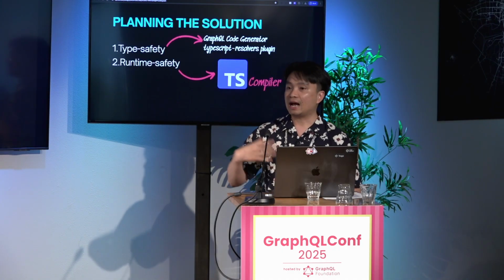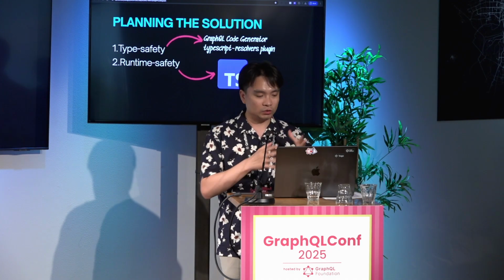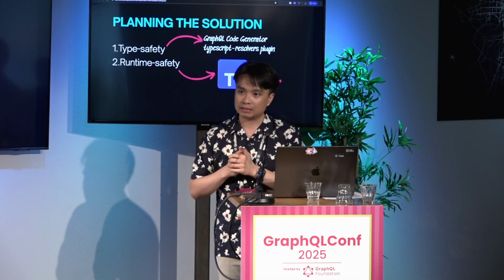And for a really long time, the answer was right in front of me. I could feel it, but the answer is right behind me right now, and that's TypeScript. More specifically, it's the TypeScript compiler. This is the missing piece we need in our solution to achieve runtime safety. So the big idea here is we're already running GraphQL Code Gen to read and generate types.